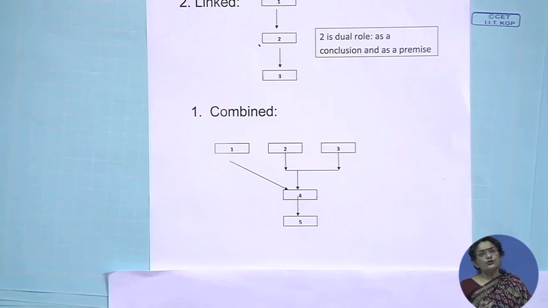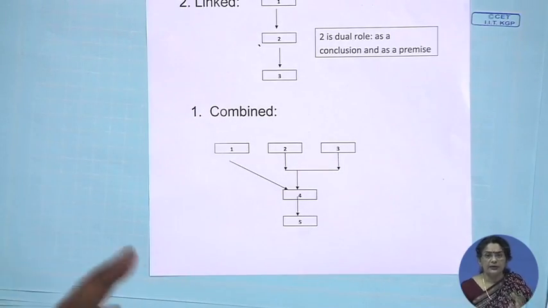So, this is just to show you that the internal dynamics within the argument is sometimes very interesting, and what the logic flow diagram does is to capture that internal relationship. This is where I will end this module 3. Thank you.